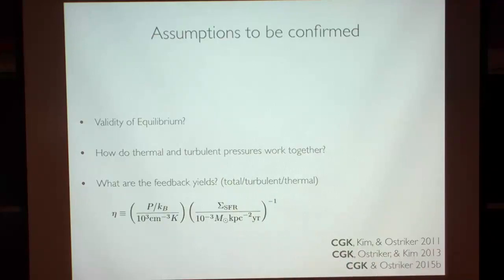We examine how the thermal equilibrium and the turbulence equilibrium really work together, and what the feedback yield or feedback efficiency is, which we define as this pressure divided by the star formation rate surface density. That measures the efficiency of a given star formation event to provide this pressure support. So we can measure this for the total term or for each component.